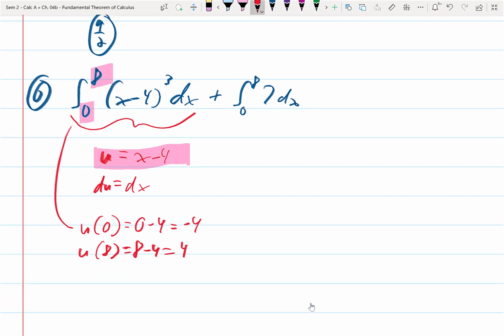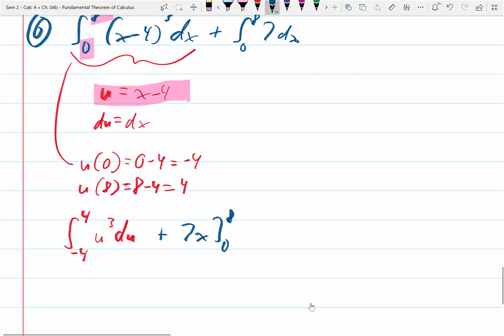And your integration now becomes the integral from negative 4 to 4. It's no longer x minus 4, it's u cubed. It's no longer dx, it's du. And that integral happens separate from the other one. Heck, I can go ahead and just integrate this 7 and get 7x evaluated from 0 to 8 and finish that part out.